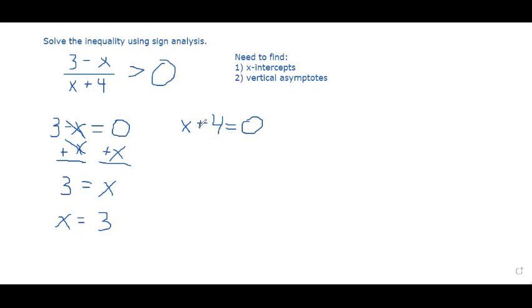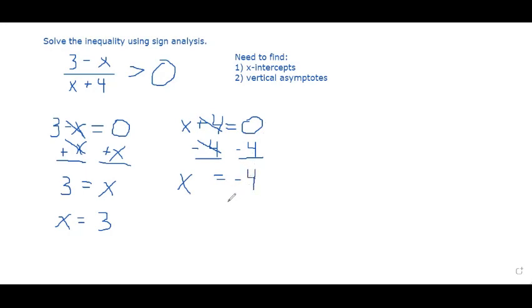To solve this equation, we will consider that we're adding x to the 4. So we need to do the inverse operation of addition, and that is subtraction. So we're going to subtract 4 from both sides. We cancel these out, and we bring down the x, and then 0 minus 4 is -4.